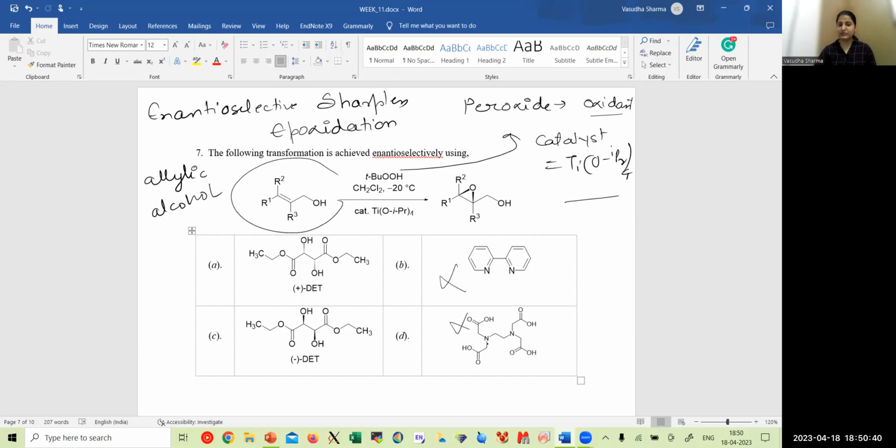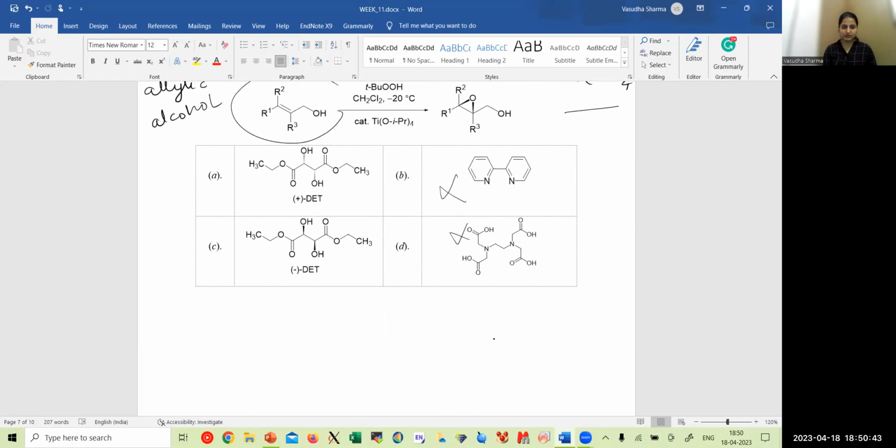Now we have already seen, if we start with the diethyl tartrate, we will end up having R2, R1 with this kind of enantiomer.